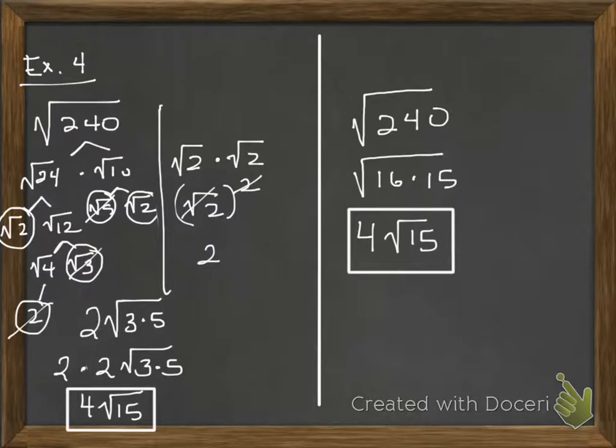Okay, let's look at another example similar to that to give you a chance to practice that a little bit. On your own for just a second, square root of 660. I don't want you to blurt out the answer when you're done.